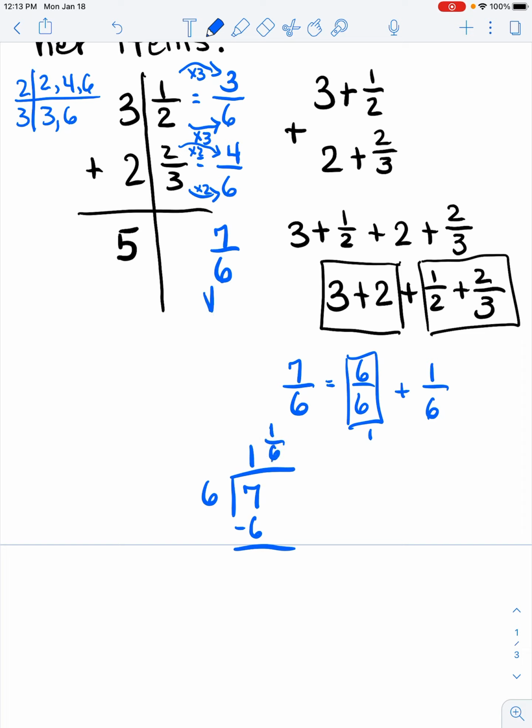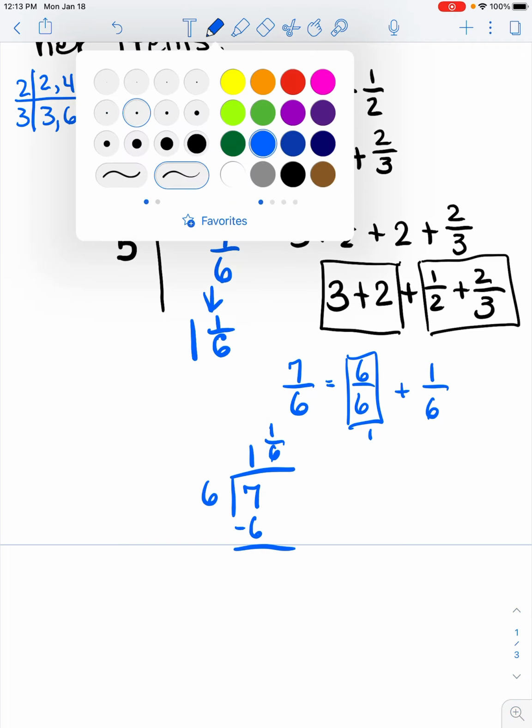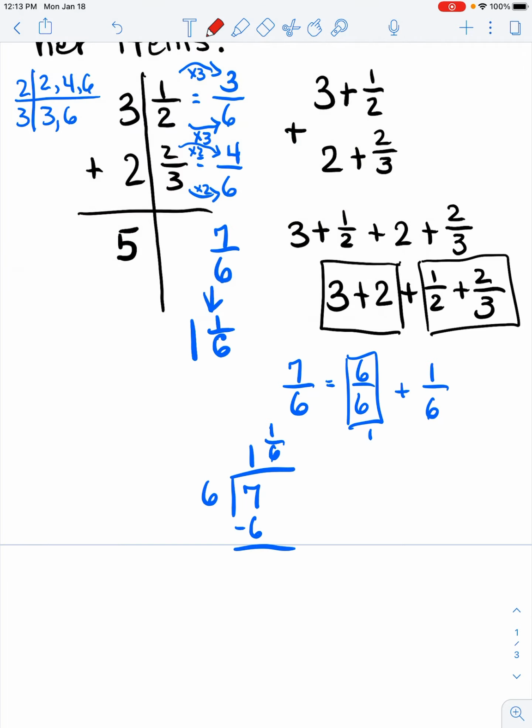Okay, so this becomes 1 and 1 sixth. And again, if we think about the meaning of a mixed number, this is 1 plus 1 sixth. So what do I have here? I end up with 5 plus the 1 plus the 1 sixth, and that equals 6 and 1 sixth. So the total amount of her purchase is 6 and 1 sixth.